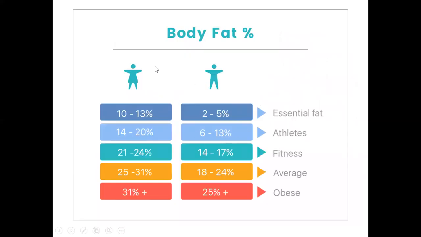As you can see with the body fat percentage, there is some essential fat in male and female, and it is very important to have a certain level of fat in our body. Otherwise, there will be derangement in the physiological function.